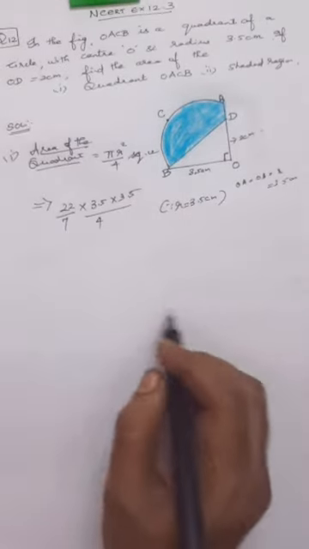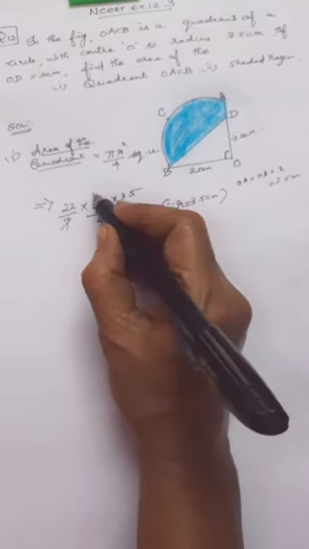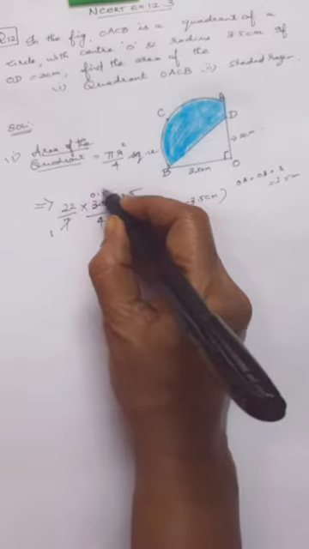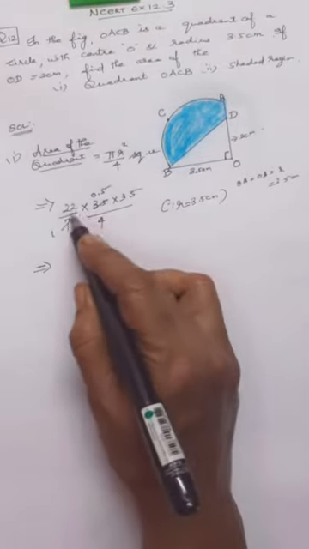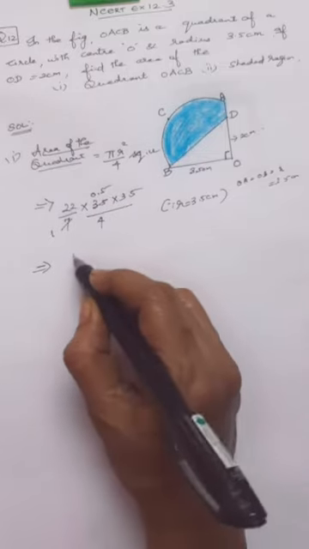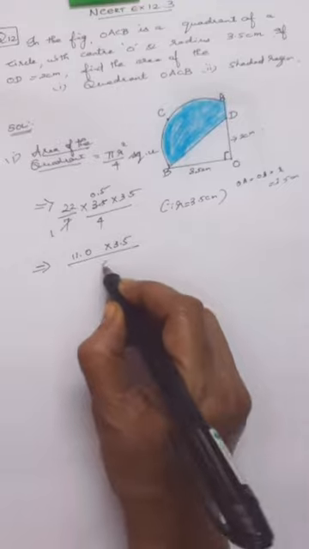Okay. Now 7 and 3.5, that is 1 time 0.5. Next 22 into 5, 110. So 11.0 into 3.5 by 4.